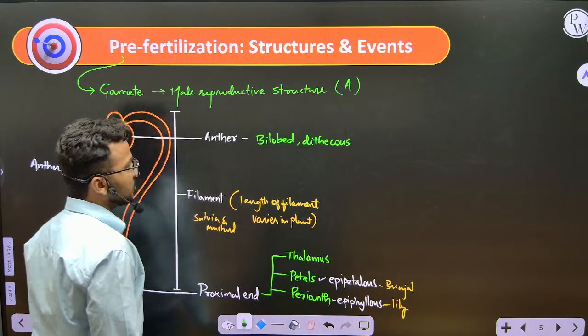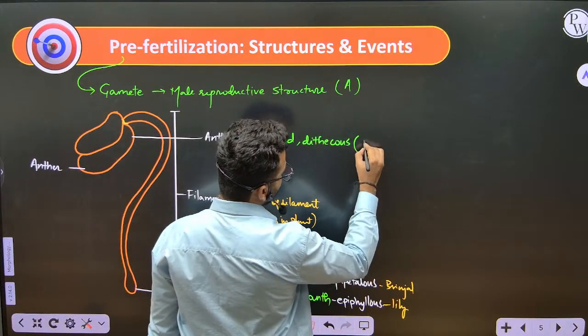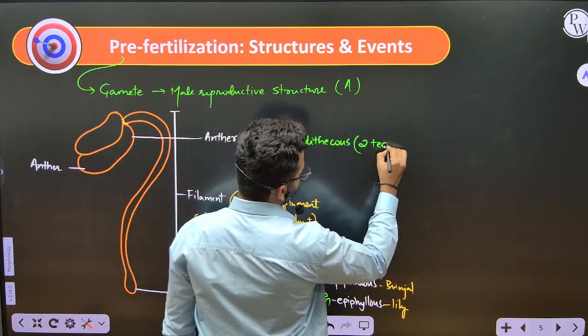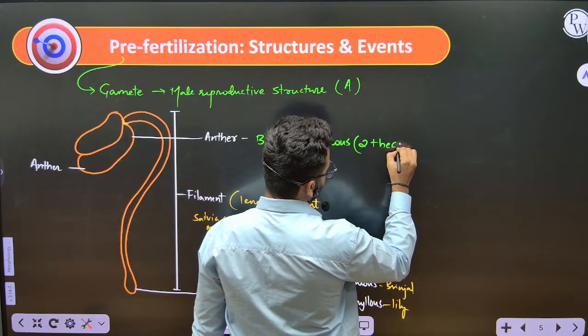So it is bilobed and dithecous. Dithecous means it has two theca in each lobe.